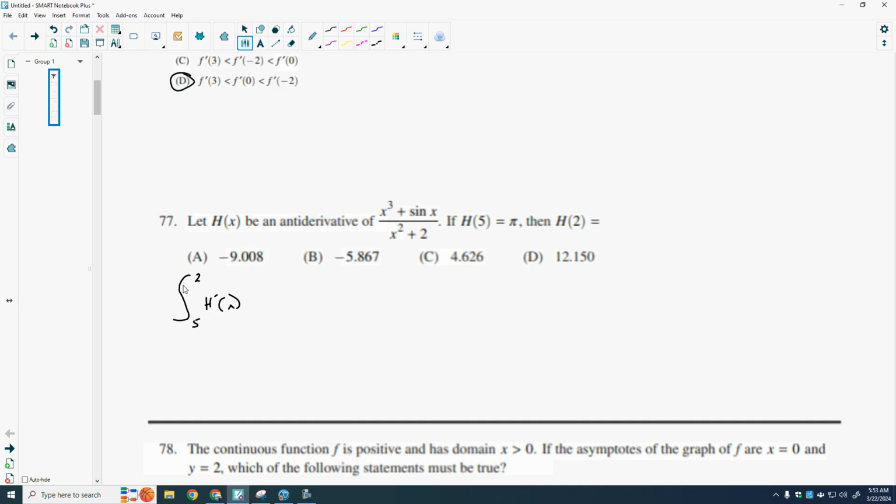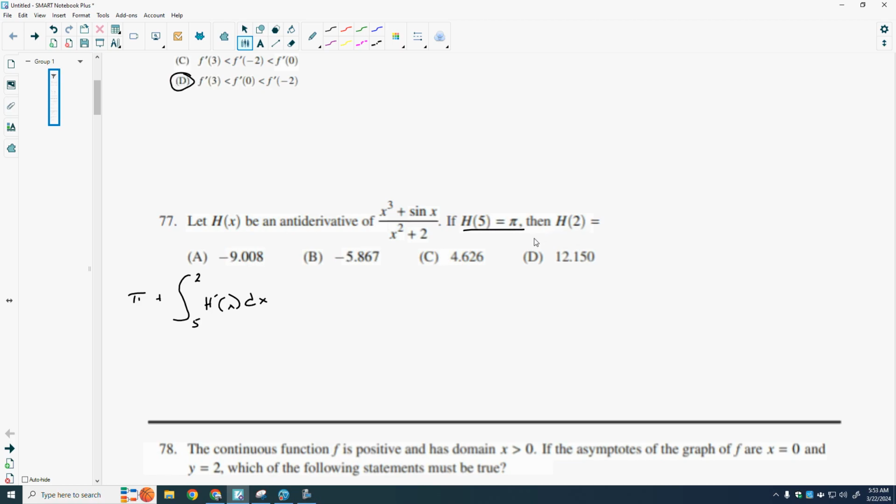And if I take the difference between x equals 5 to x equals 2, and I add that to my original value at 5, I'll have my answer. What I start with plus the change from what I start with to where I end is going to give me the value of h of 2.